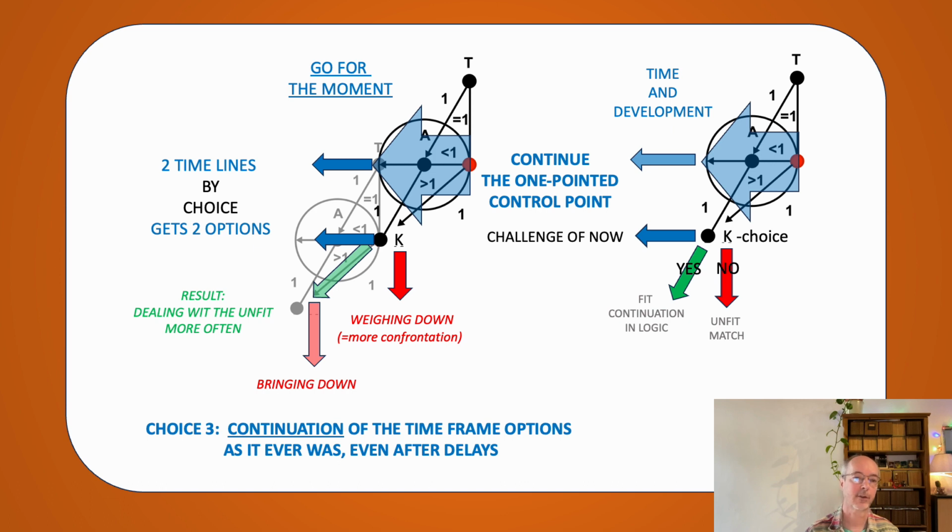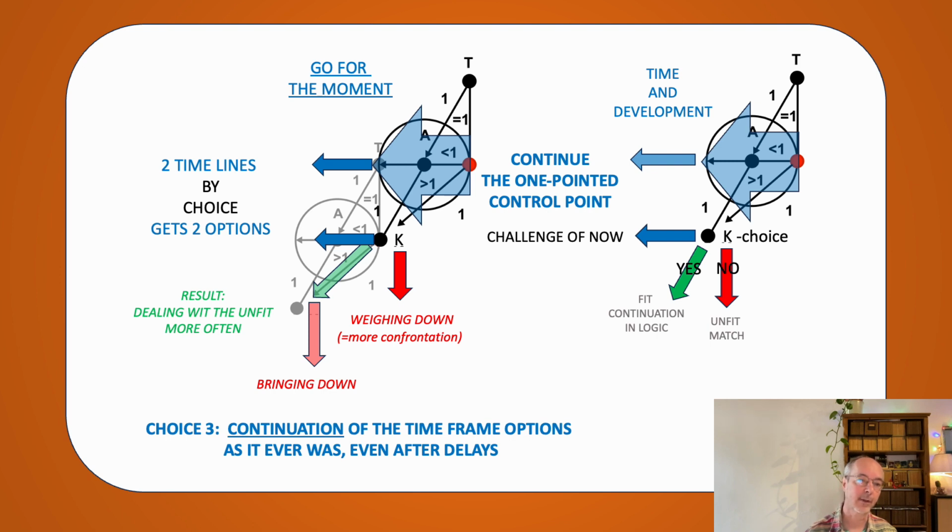It will also have certain consequences, and in this logic, when I put the next frame there, and I will continue the K, the point of K, with the time frame to follow, so I'll add that frame there, then the time frame will also be doubled, so I have 2 options. So in the time frame, maybe this future will not go in my direction as I thought it would, because I have 2 options in the time frame.